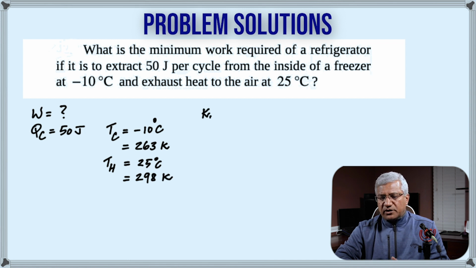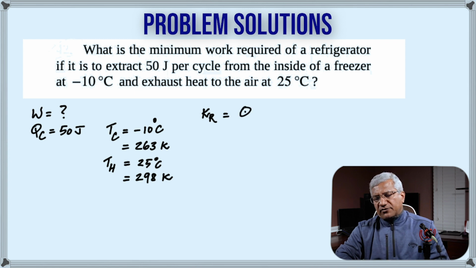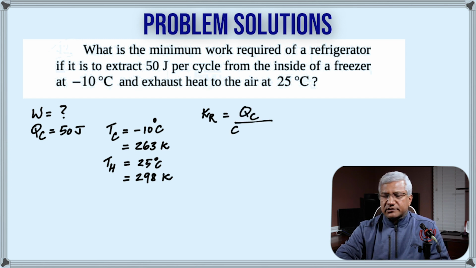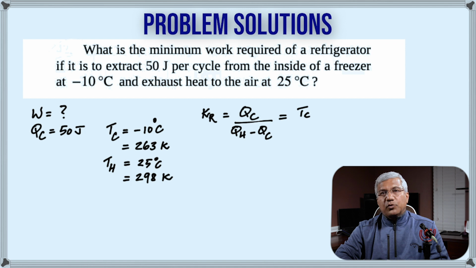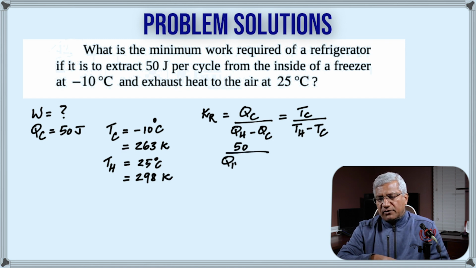We're asked to find the work. We will use the formula for coefficient of performance, which is QC by QH minus QC, which is also TC by TH minus TC. Remember that the ratios are the same, so use the 2 and then calculate. So 50 divided by QH minus 50 is equal to 263 divided by 298 minus 263.